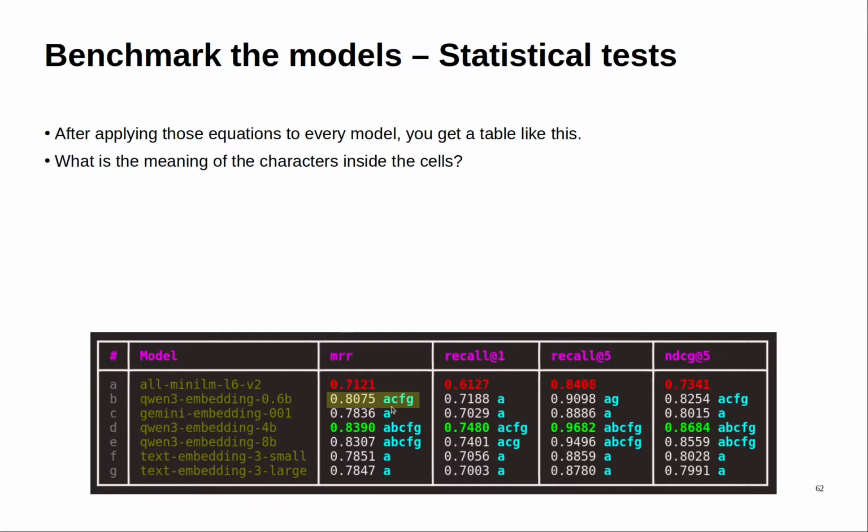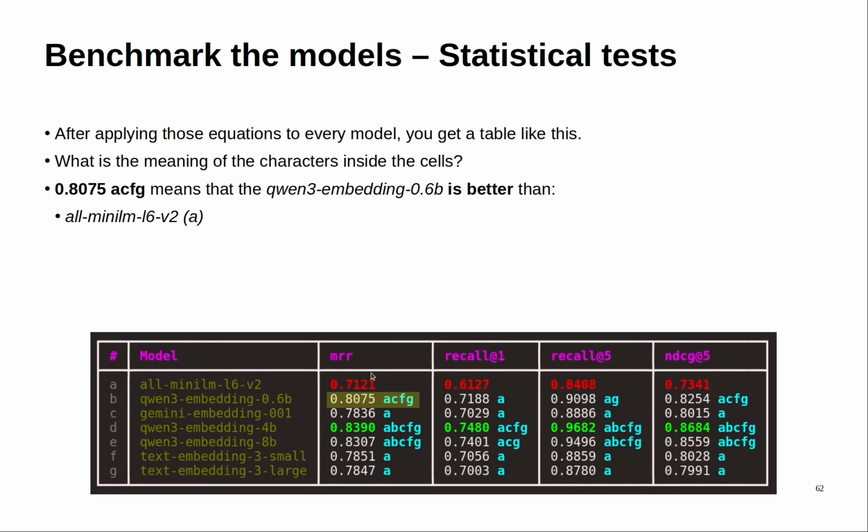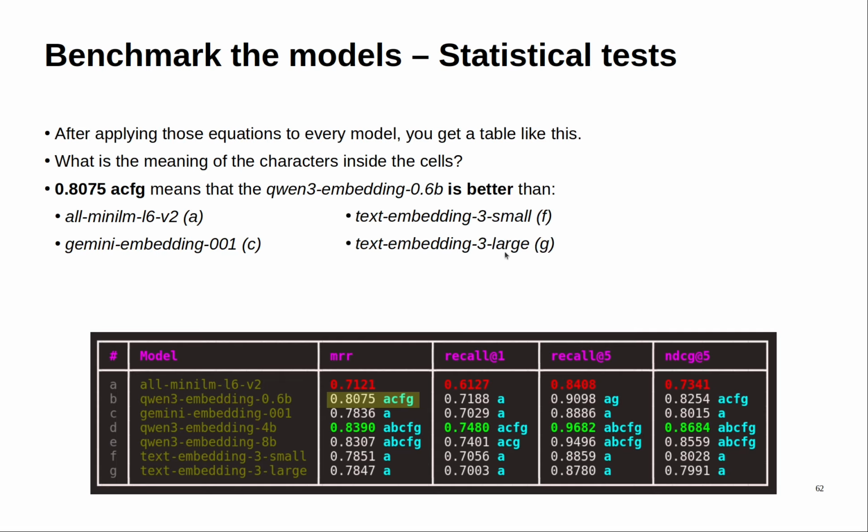You can see that here, for example, if we look at this cell, we have 0.8075, but then we have these letters, A, C, F, G. This value means that the Qwen3 embedding 0.6 billion model is better than the models that have these letters. So A corresponds to all-MiniLM, C corresponds to Gemini, F to the text embedding small, and G corresponds to the large text embedding model from OpenAI.